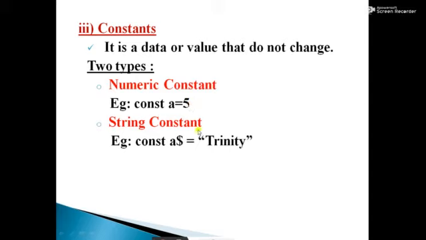The next one, string constant. Const a dollar is equal to Trinity. Don't forget, student, one important thing. When you are assigning a string to a particular variable or constant, you have to use a dollar sign.